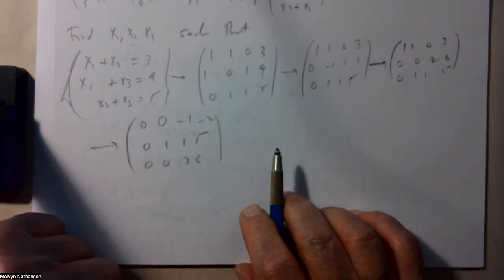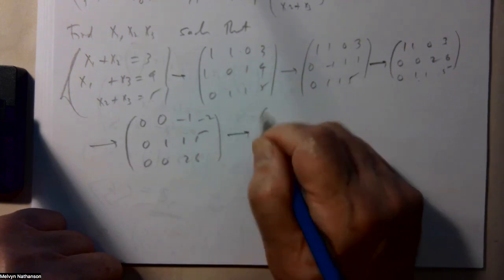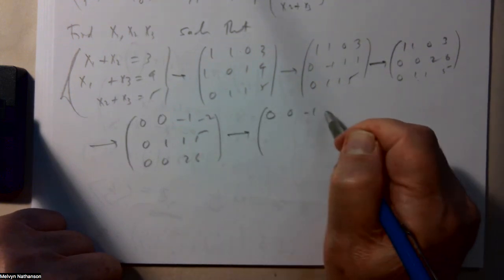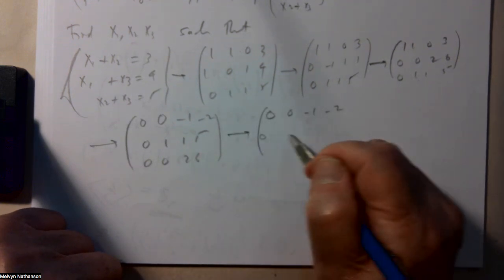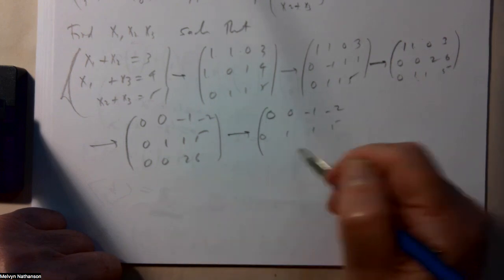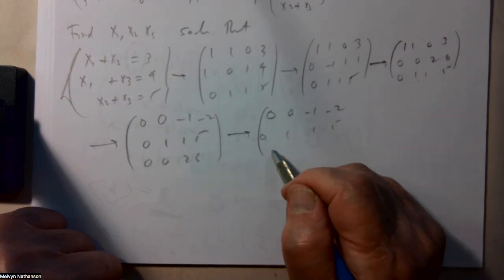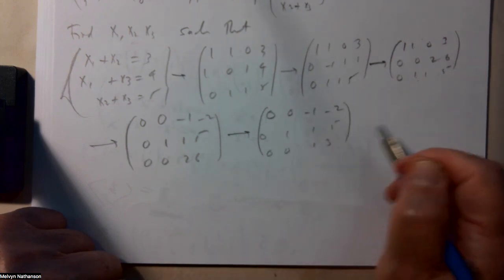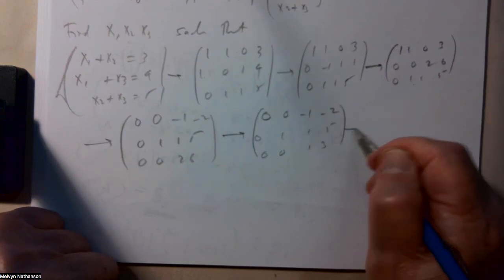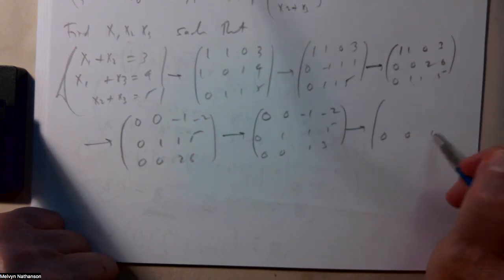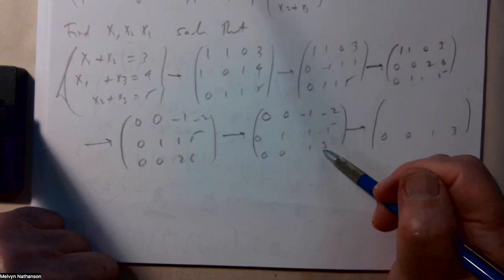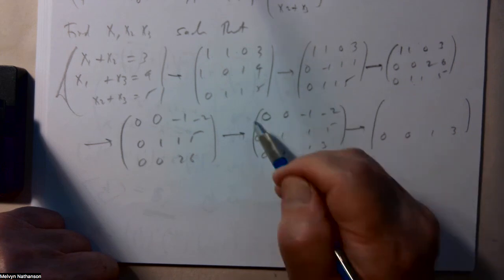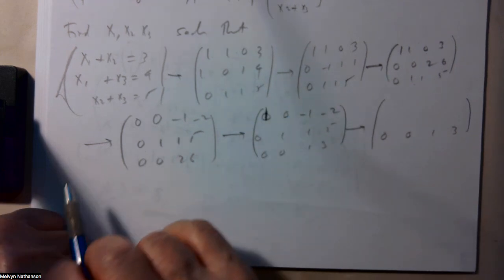So this is 1, 0, -1, -2, and the second row is 0, 1, 1, 5. And if I multiply the third row by a half, I get 0, 0, 1, 3. If I add the third row to the first row, which should be a 1 over here.